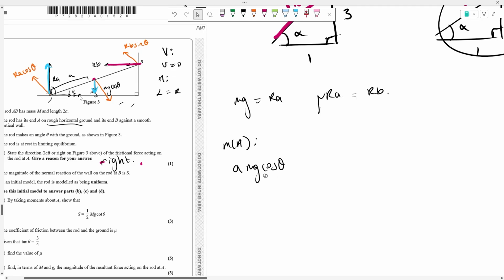And we have to think about what is our clockwise motion and what is our anti-clockwise motion. So what you can pretend to do is put your finger down on the moment point, in this case A, and then imagine yourself pulling from this area here. If you put your finger on A and you pull, where is your rod going to turn towards?